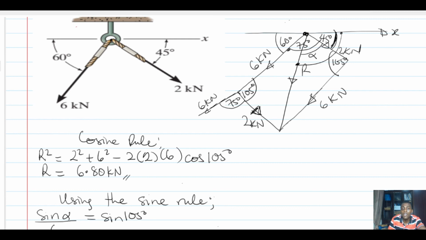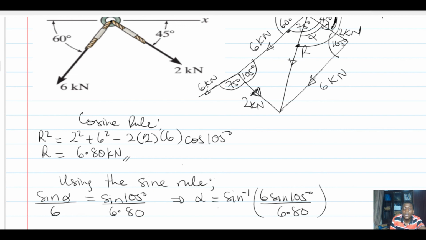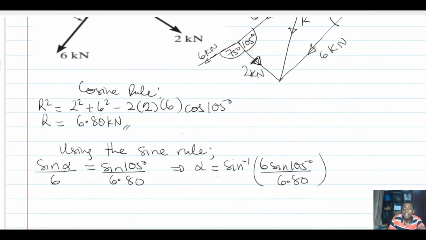This is a property of a parallelogram: opposite angles are equal. Now I know R as 6.80. So what then is alpha? Alpha is nothing but the sine inverse of 6 sine 105 divided by 6.80.